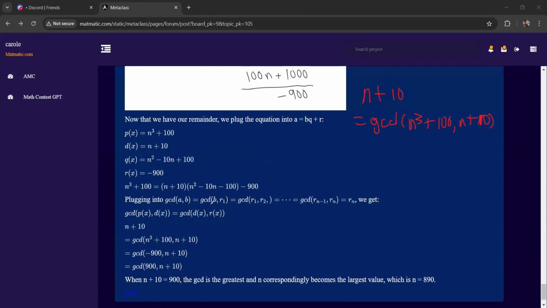This is the first part of our formula here, which brings us to our next part of the formula, which is GCD of negative 900 and n plus 10.